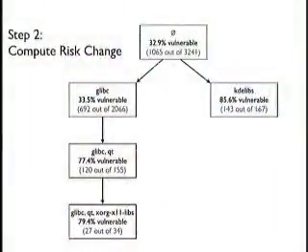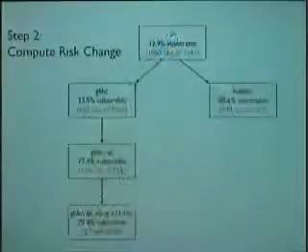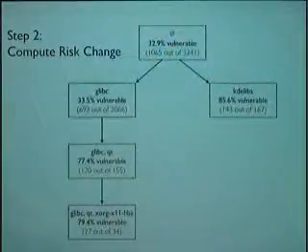Now, when I additionally know that the package also depends on glibc, the vulnerability rises by a little bit. And these two numbers here, this number is going to be less than this number, and this number is going to be less than this number. And so as I go down this lattice, I will get different percentages.